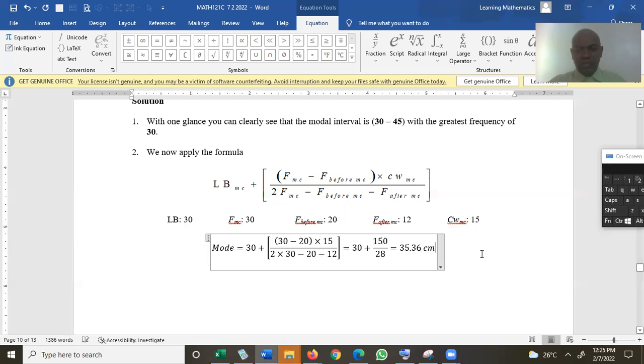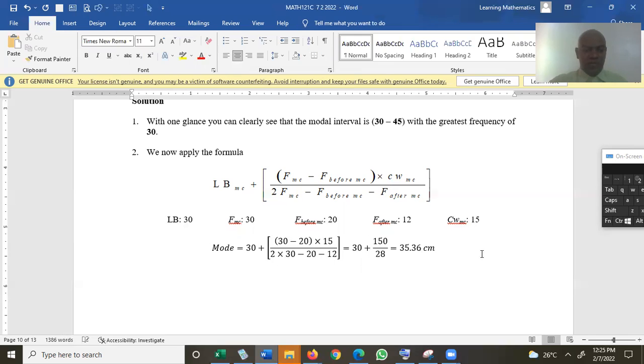centimeters. So therefore, the majority of the heights is approximately 35.36 centimeters.